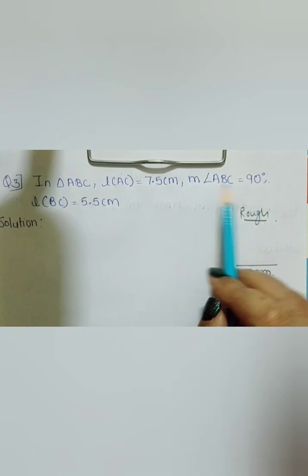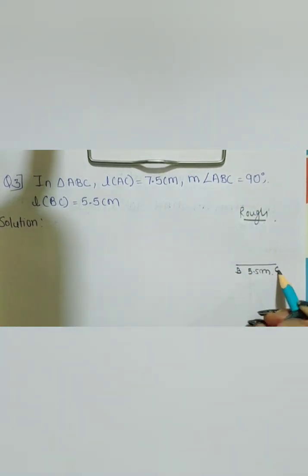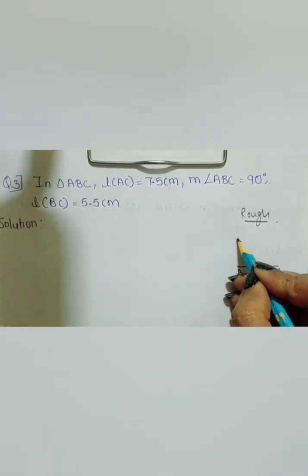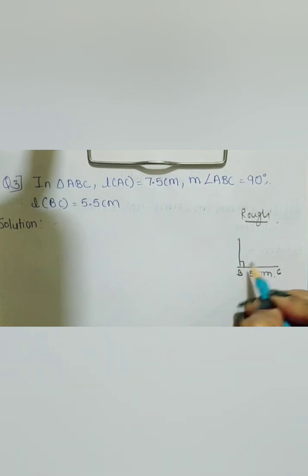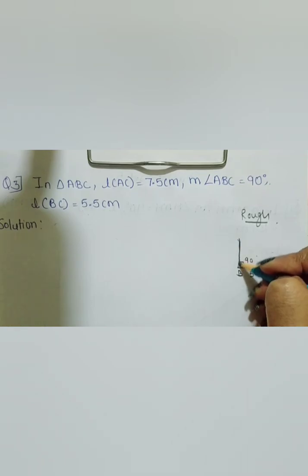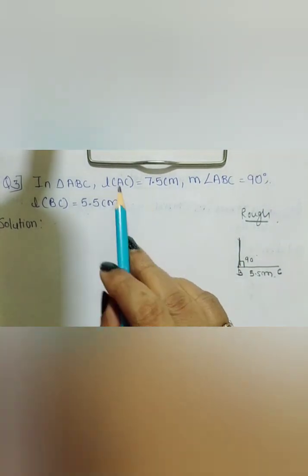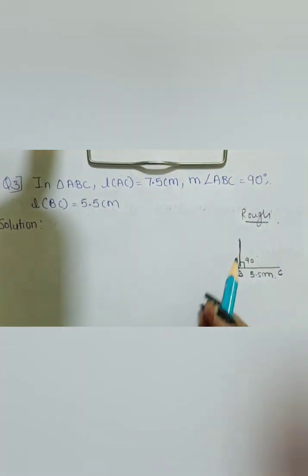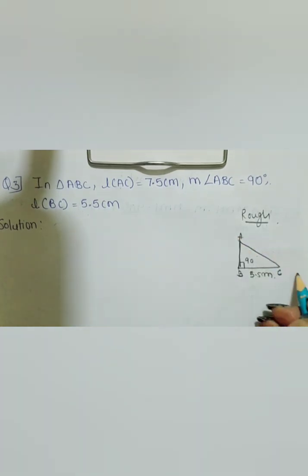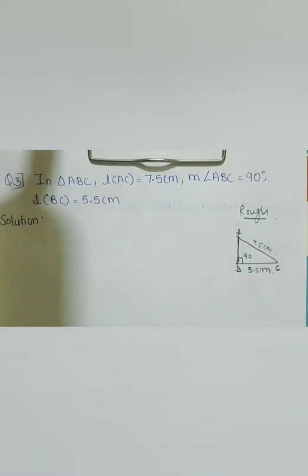It is given 90 degree. We have to take right angle here, that is 90 degree. It's not straight, but you make it straight. Now what is given? Next, AC is given 7.5, so this is our AC, that is 7.5 centimeter. Okay, now we have to draw like this.